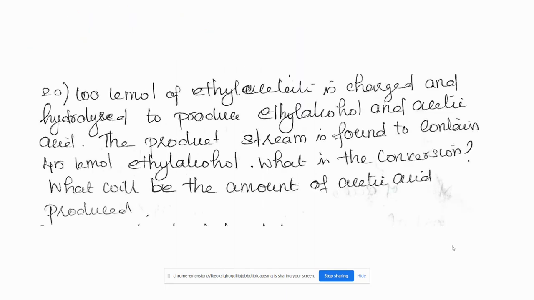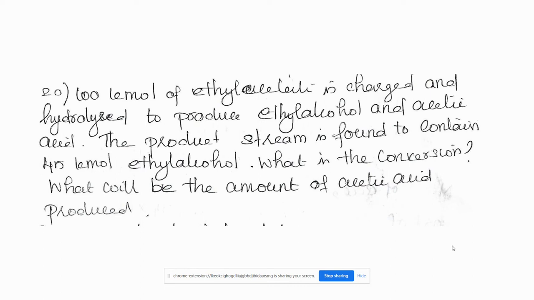Okay, this is all about this problem. And the next problem here is 100 kilomole of ethyl acetate is charged and hydrolyzed to produce ethyl alcohol and acetic acid. The product stream is found to contain 45 kilomole ethyl alcohol. What is the conversion and what will be the amount of acetic acid produced? Same, very simple problem.